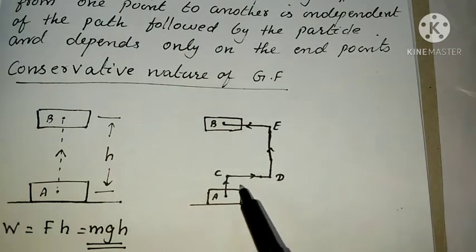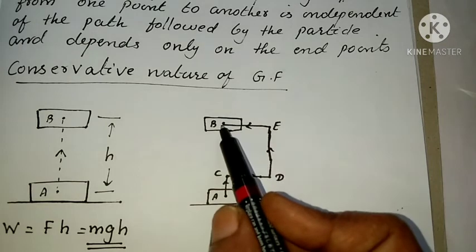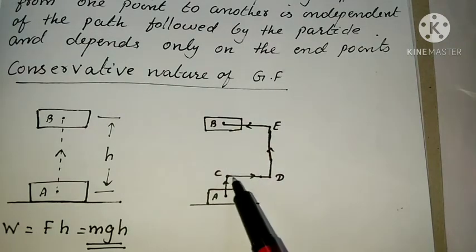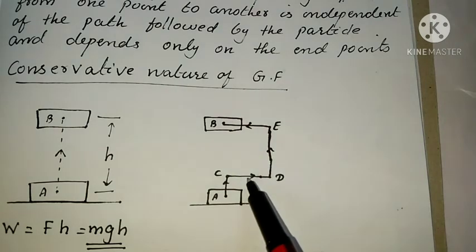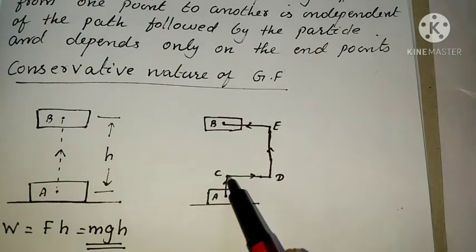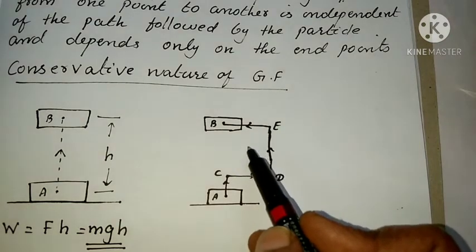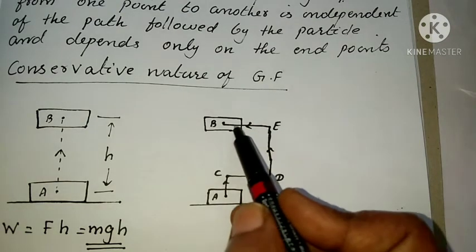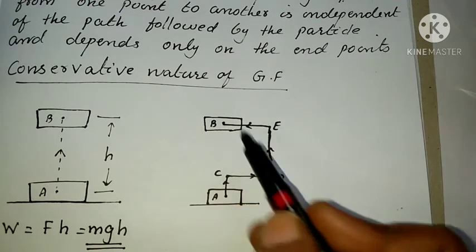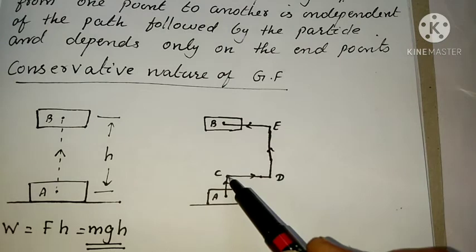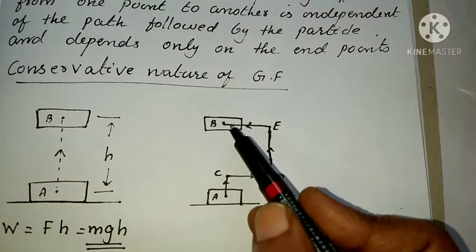So you know that in the horizontal paths CD and EB, the force of gravity is perpendicular to the displacement. Force of gravity is acting downwards and the displacement is in this direction. Here also force of gravity is acting downwards and displacement is perpendicular to it. So along CD and along EB, the work done is 0.